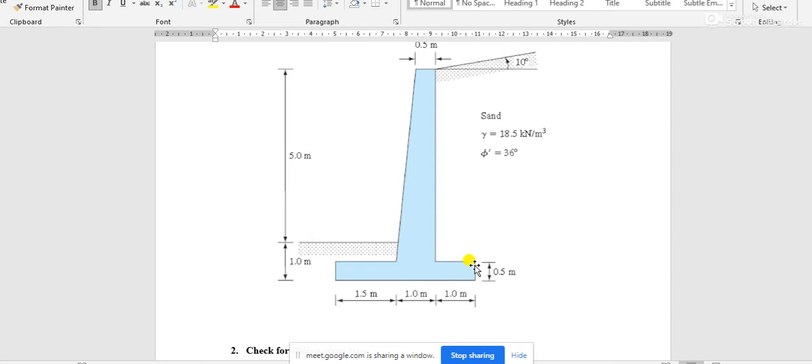Now, how much soil can we take as the integrated part of the retaining wall? We have to take the part of the soil which is actually standing on this slab extension, as the integrated part of this retaining wall.